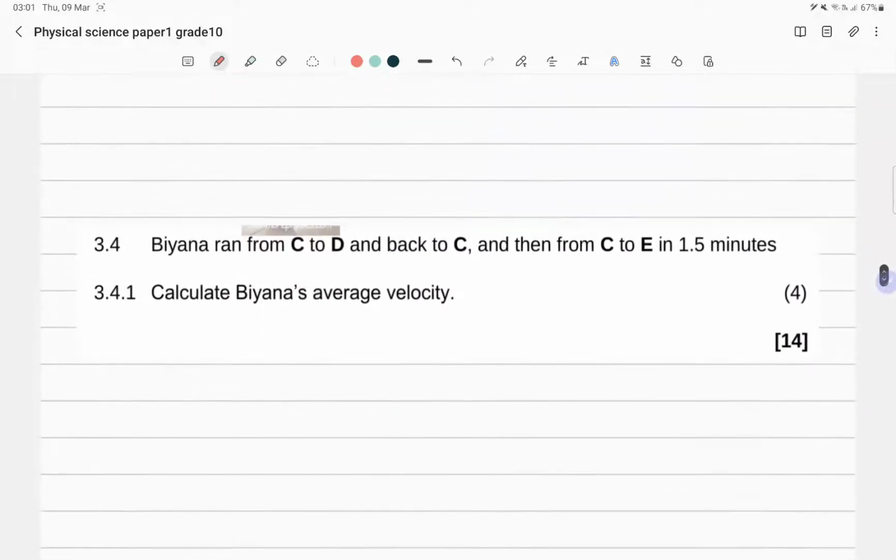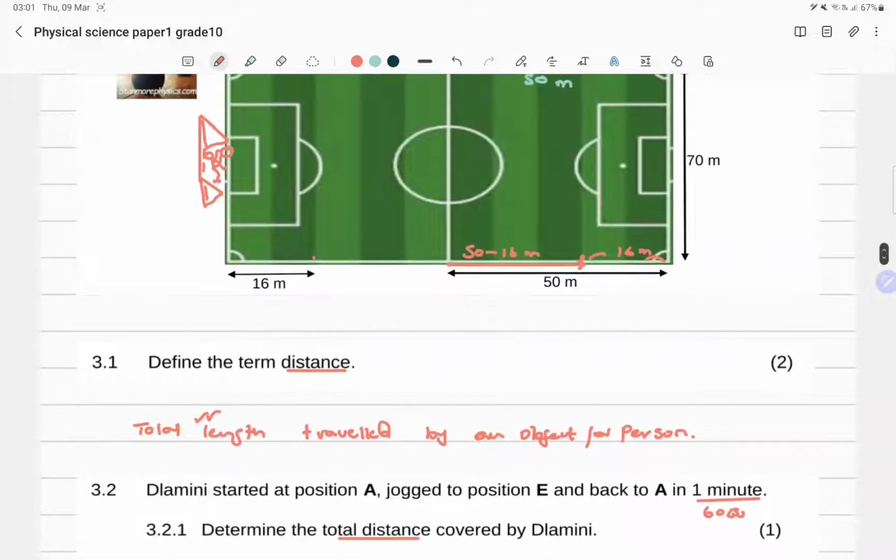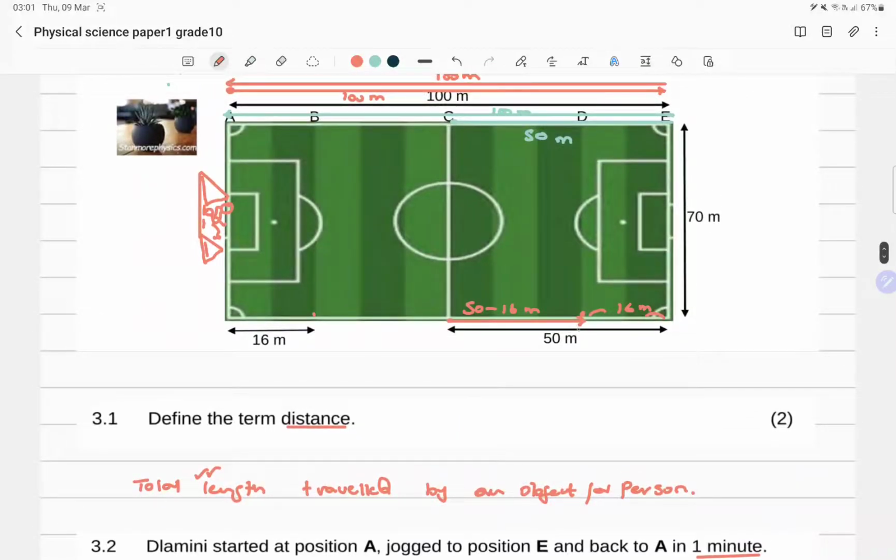And then from C to E, well, what is that? Biana ran from C to D and back to C, okay? That is something else. C to D and then back to C. And then she went back like so. And then she went the same distance as above, okay?